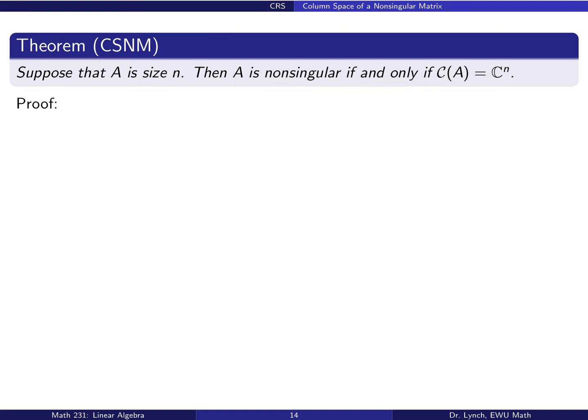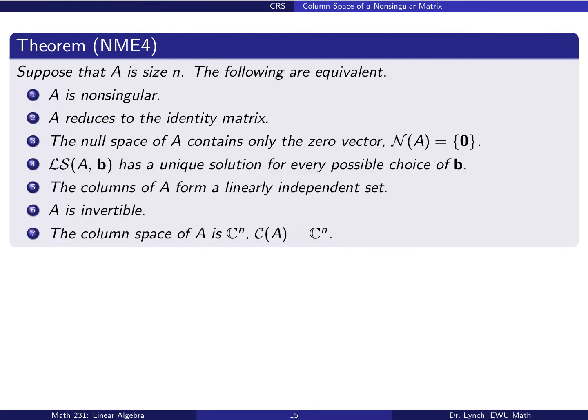We show that any element in Cn can be written as an element of the column space of A for a non-singular matrix, and then we show the converse as well. This gives us another addition to our non-singular matrix equivalency theorem. Here's that new equivalency: A is non-singular if and only if the column space of A is equal to Cn.